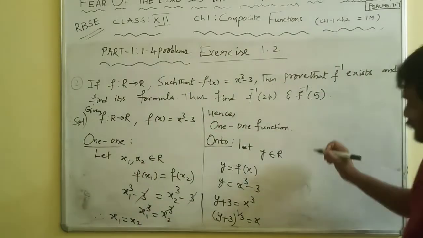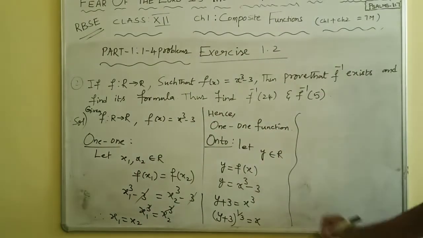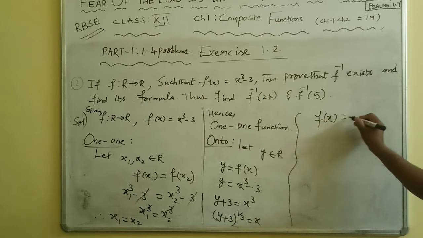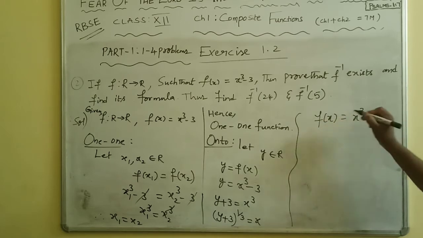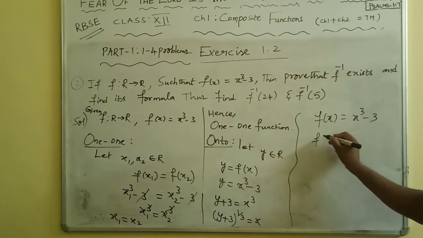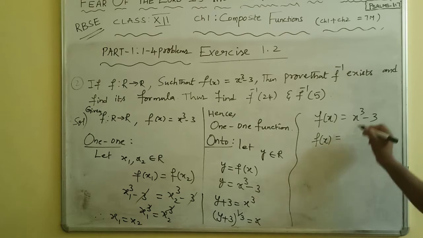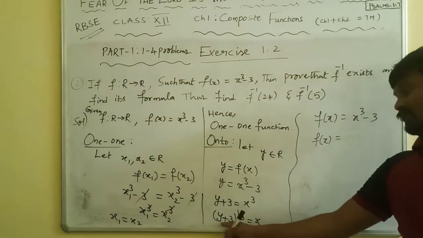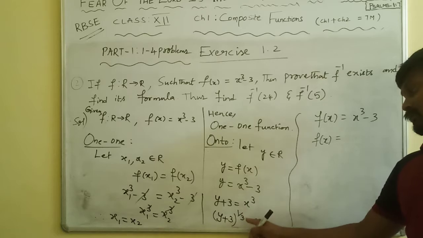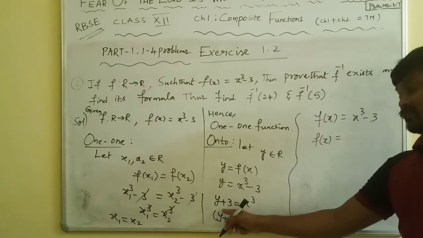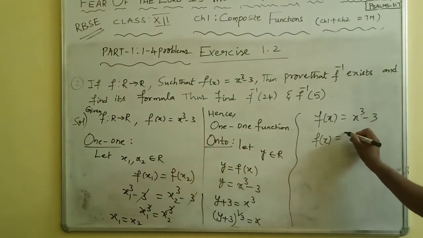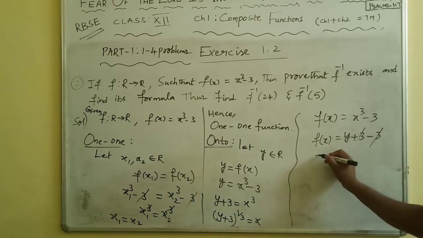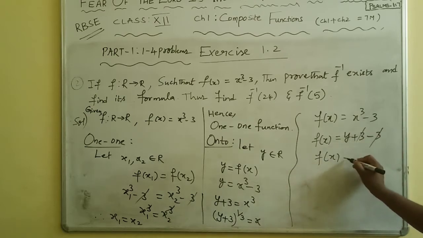Observe carefully. We know f of x is equal to x cubed minus 3. Here x is y plus 3 whole power 1 upon 3, so x cubed is nothing but y plus 3. Substituting, we get y plus 3 minus 3. Minus 3 and plus 3 get cancelled. So f of x is equal to y.